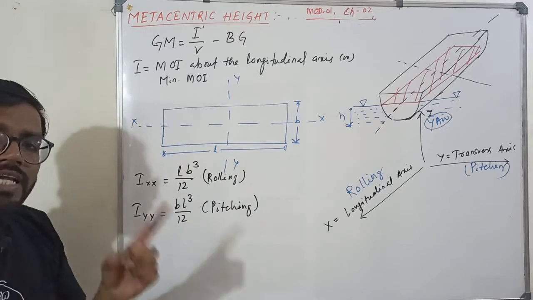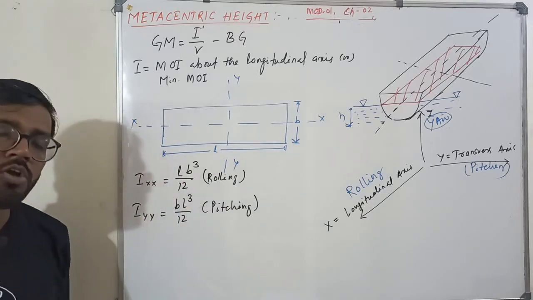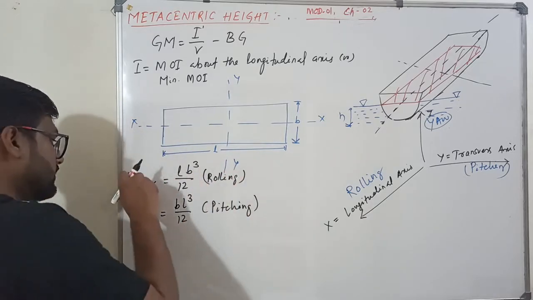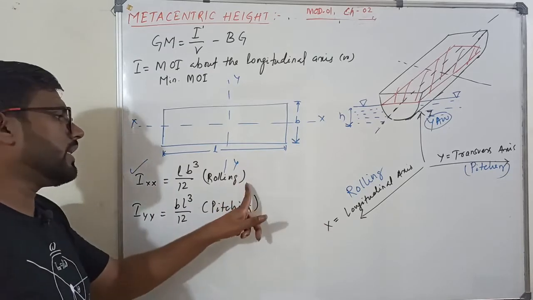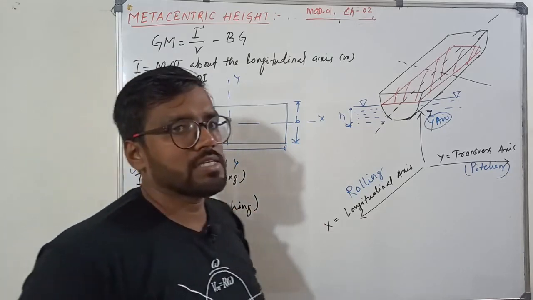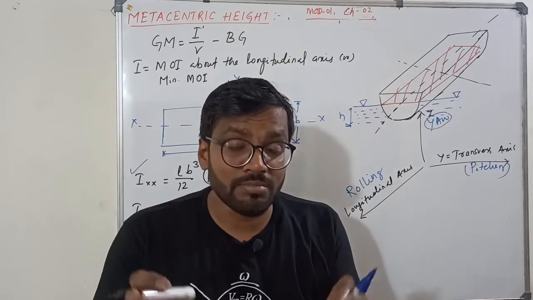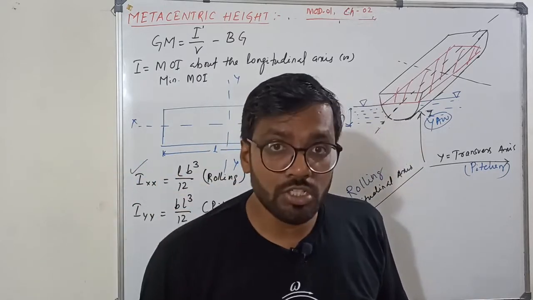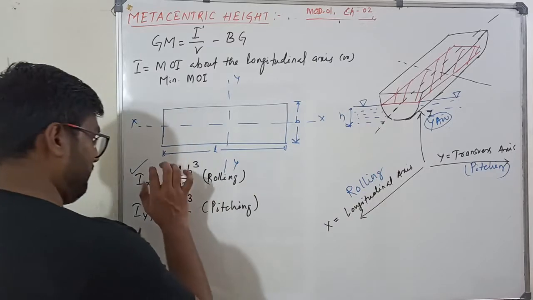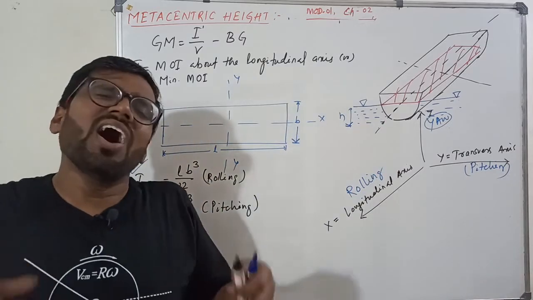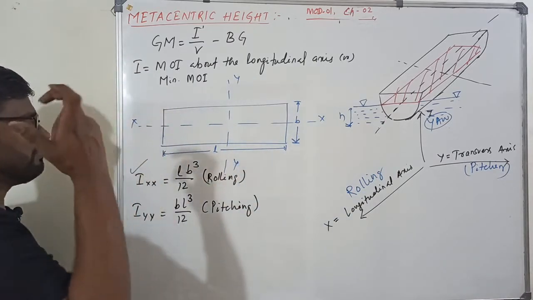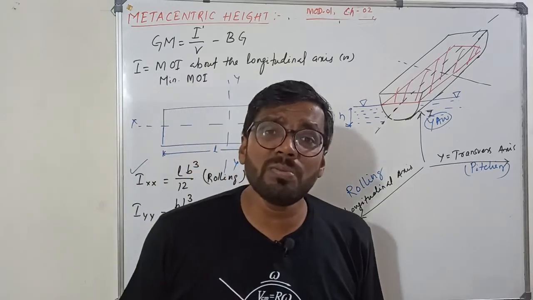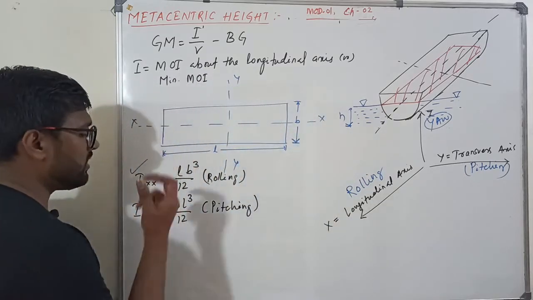Now, in which case is the moment of inertia less? In Ixx, that is in the case of rolling, the moment of inertia is less. That means if you design your ship for the minimum moment of inertia, of course it can take care of the larger one.